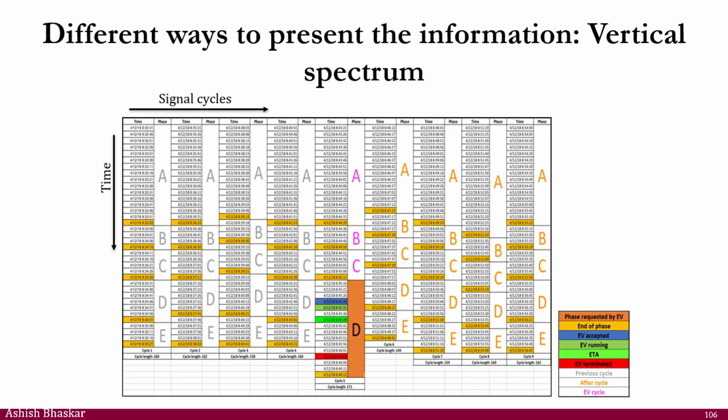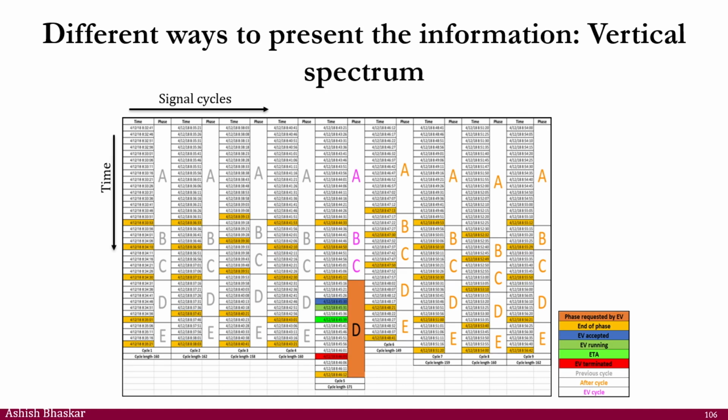So, it is like this: time 1, 2, 3, 4, this whole time period I had phase A. So, we had different colors: phase requested by emergency vehicle, end of phase, EV accepted, EV running, ETA, EV termination, and so on. So, phase A was running, then phase B, phase C, phase D, and so on.